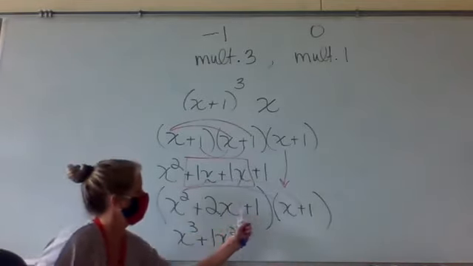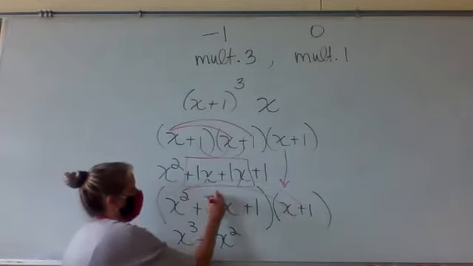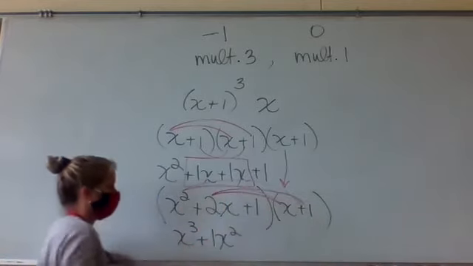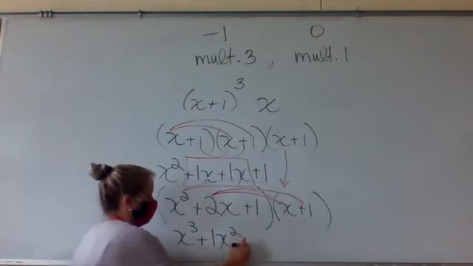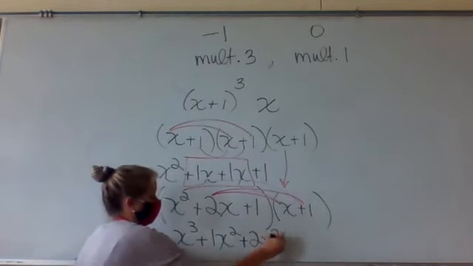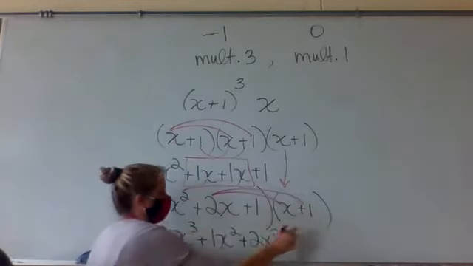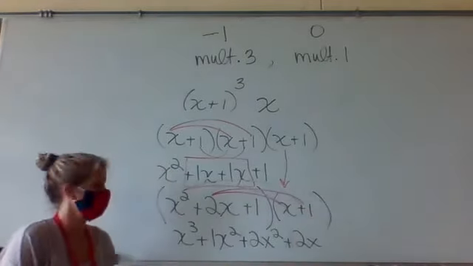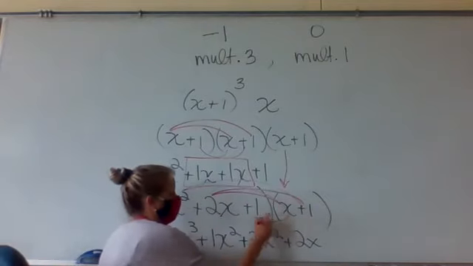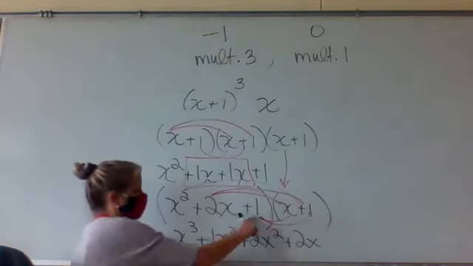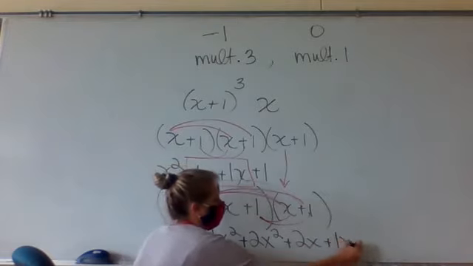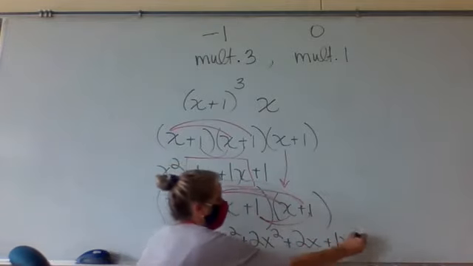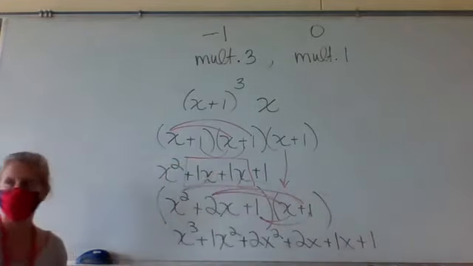Distribute the 2x to both of those. 2x times x is 2x squared. 2x times 1 is 2x. And distribute the 1 to both of those. 1 times x is 1x. 1 times 1 is 1.